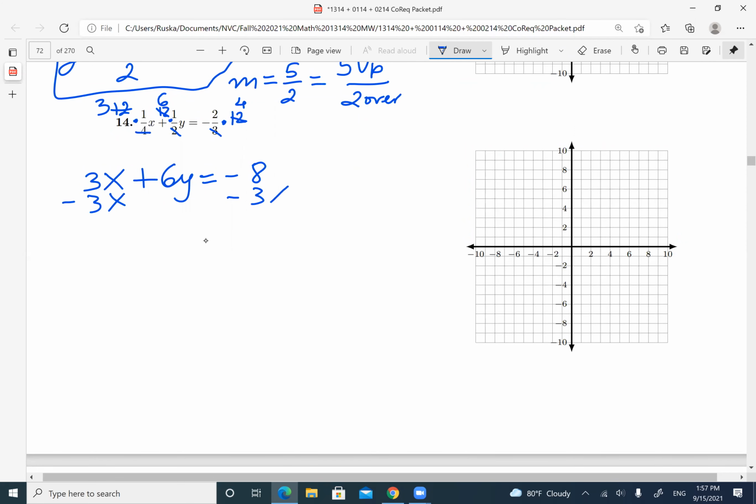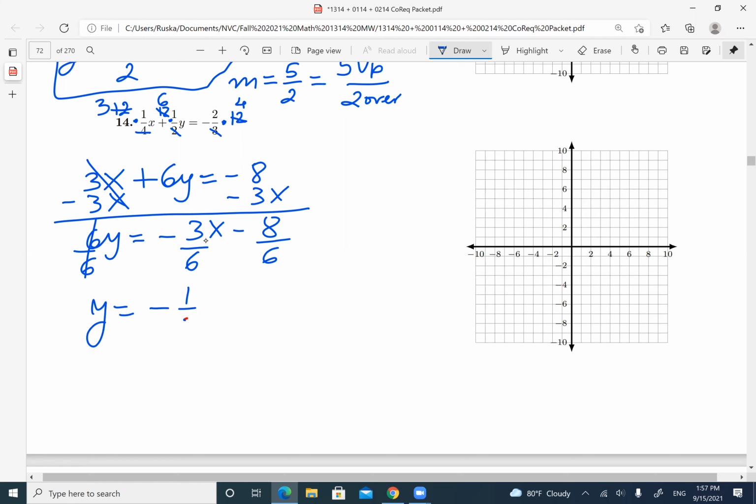And you have 6y equals negative 3x minus 8, and dividing over 6. Now here it's recommended to reduce the fractions. Negative 3 over 6 is negative 1/2 x. And then minus 4 over 6, you can also reduce, divide by 2, 4 over 3. So this is the equation in slope-intercept form.